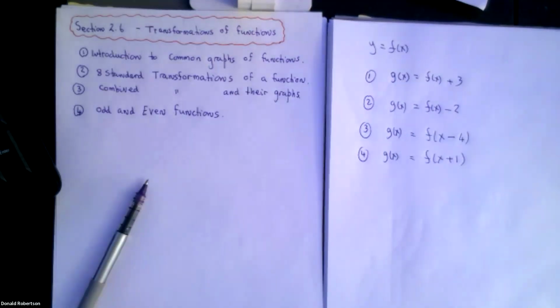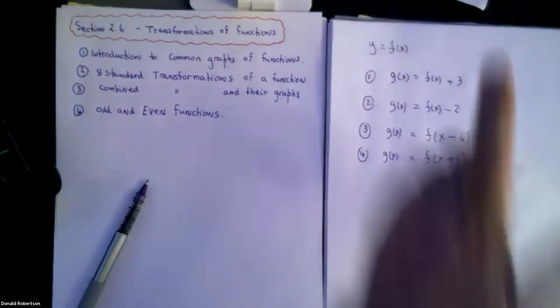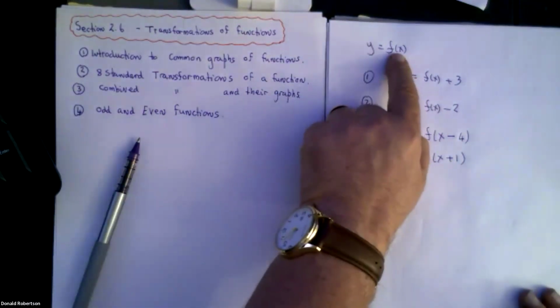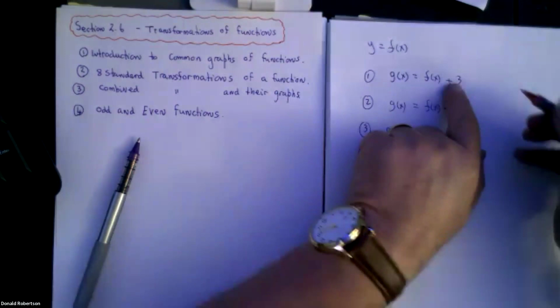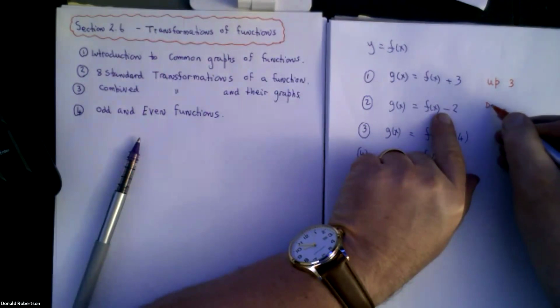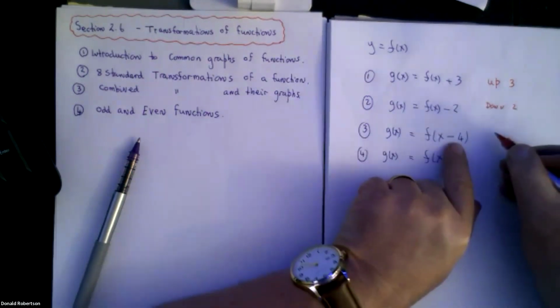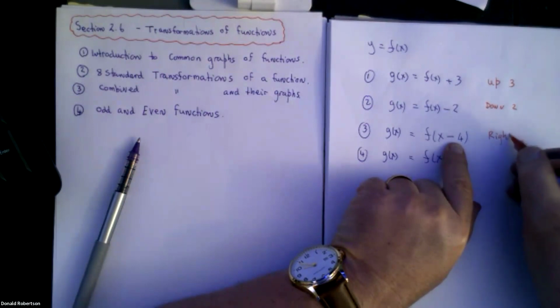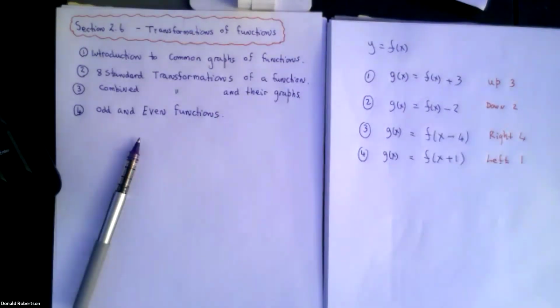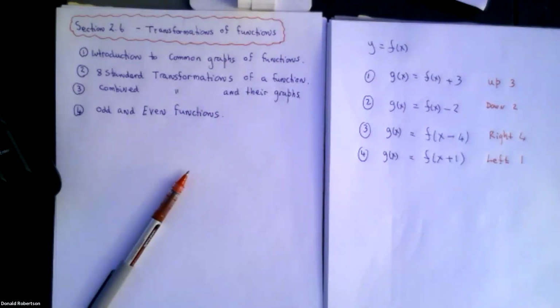We should be able to say, you take the original graph, whatever it looked like. Maybe it's an x squared, but maybe it's some W shape or whatever the graph might be. We can still use this representation because we don't have, for instance, a formula. This would be move the graph up 3, move it down 2, move it to the right 4, and finally move it to the left 1. And so we can represent transformations in this very nice functional way as well.